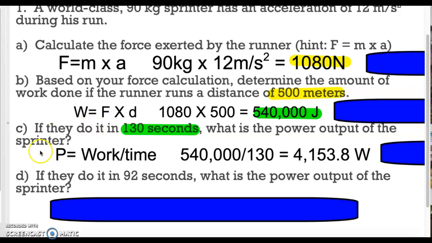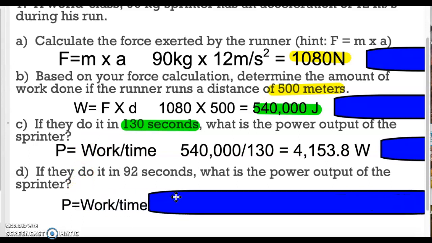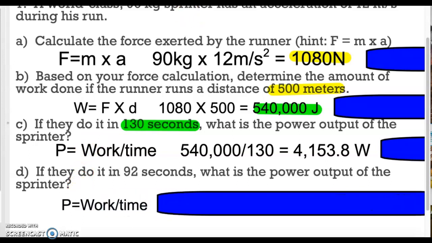All right, then it says if they do it in 92 seconds, what is the power output of the sprinter? Again, power equals work divided by time. Our work number is the same from problem B, 540,000 joules. And our time is 92 seconds for this situation.